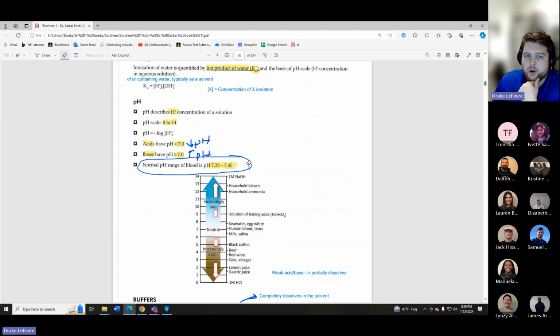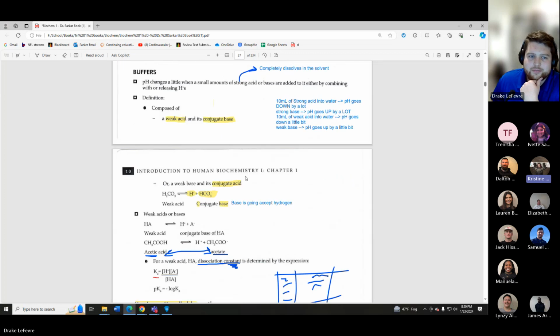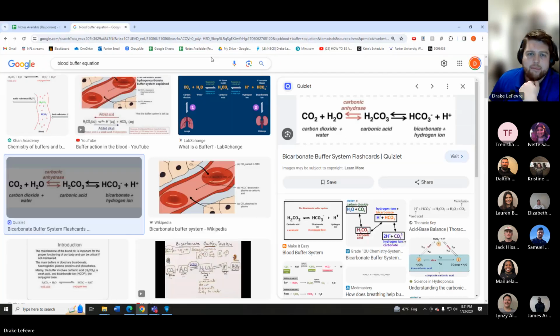Literally the proteins in our bodies stop working and they start to unravel and we die. Yep, it's really kind of scary to see when you're in the ER working as a tech. So this buffer system, transporting this back and forth to maintain pH balance, is why this system is super, super important.